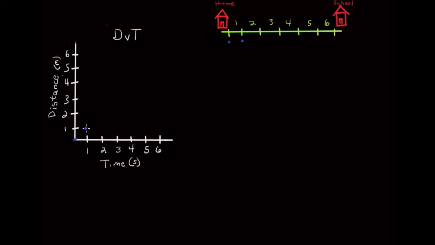At 1 second, you've gone 1 meter. At 2 seconds, this is in meters up here, every second we've gone a meter so far. So at 2 seconds, 2 meters. At 3 seconds, we'll have gone 3 meters. 4 seconds, 4, 5, 5, and finally we arrive at school 6 seconds later.